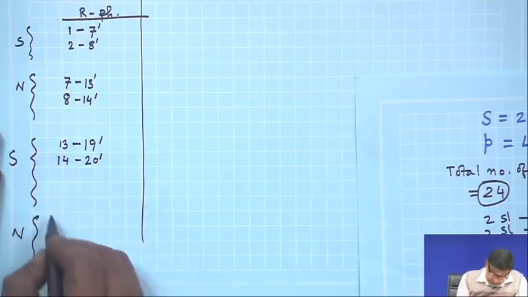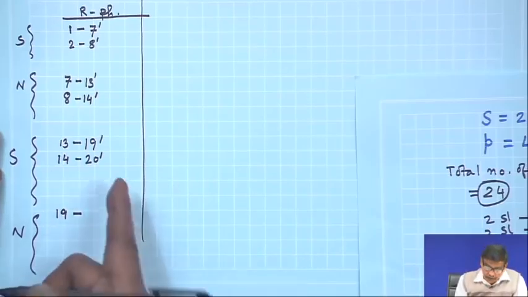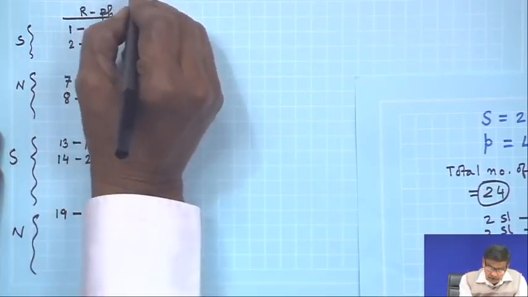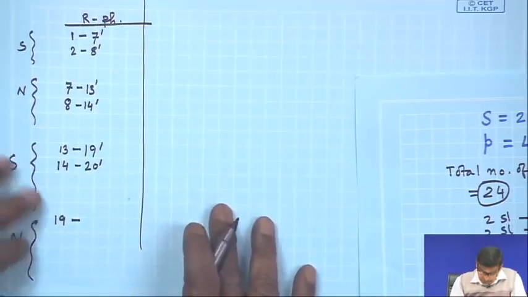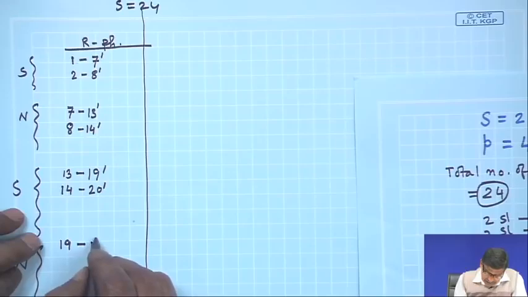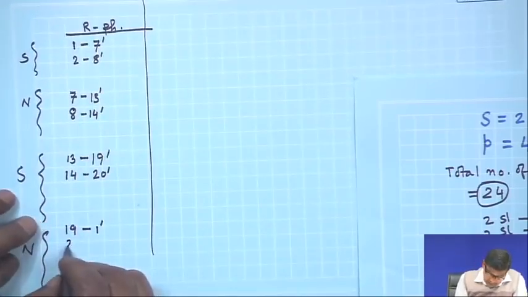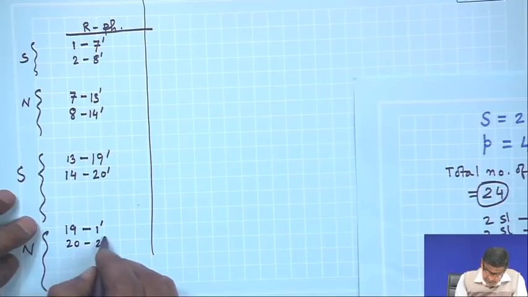So, then once again it will be 19 and then 25 dashed, but there is no 25 dashed, total number of slots is 24. So, it must be 1 dashed, 25 minus 24, then 20 and 2 dashed.